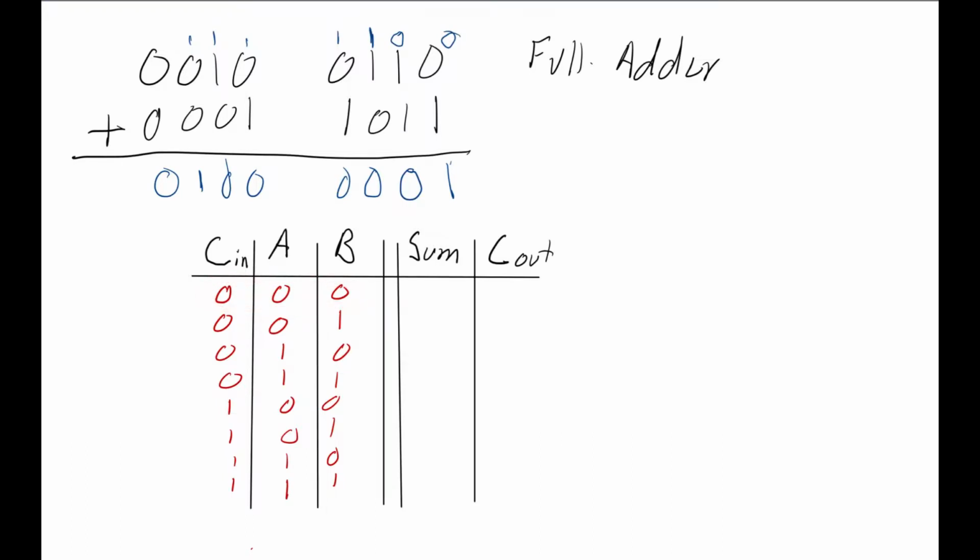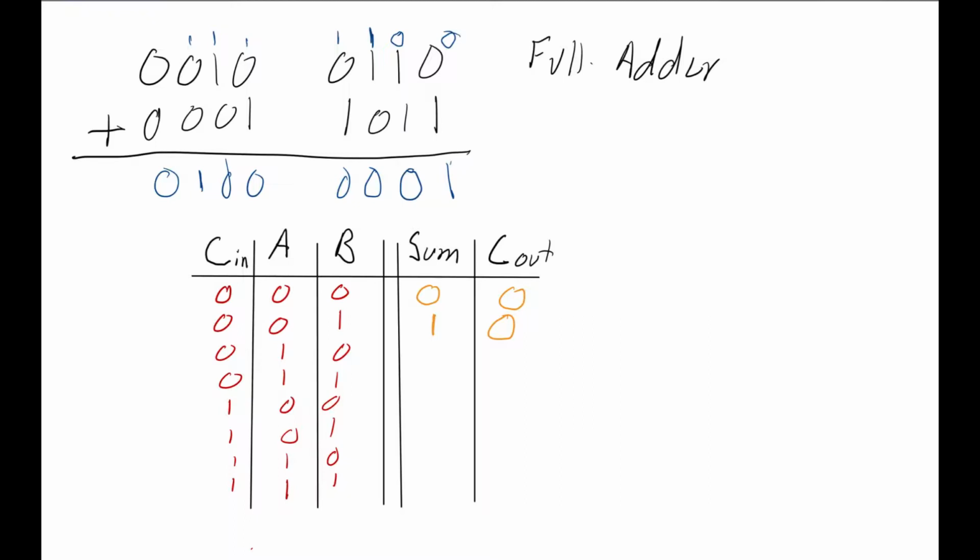So if what we're adding is a 0 and a 0, and the carry in is also a 0, see that's this case. One number from the input is a 0, another one is a 0, and a 0 for the carry in. Well, the sum will be 0, and there will be no carry out. Okay. Now, what about, for instance, this case right here? The carry in is a 0. One letter is a 0 and one letter is a 1. So in that case, the answer is a 1, but our carry up here is a 0.